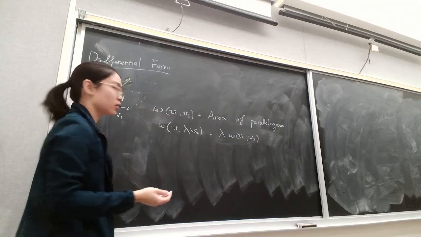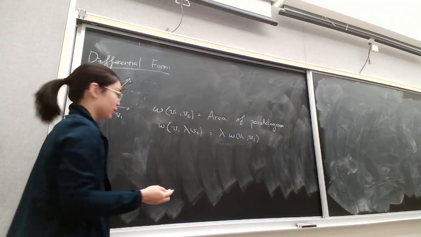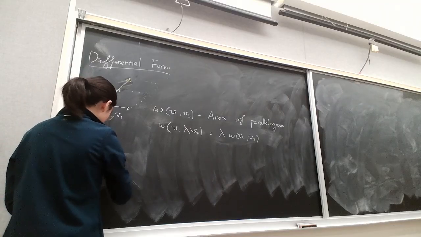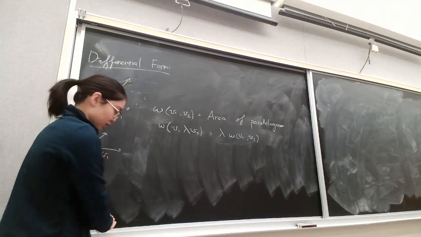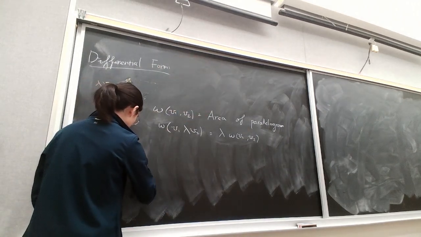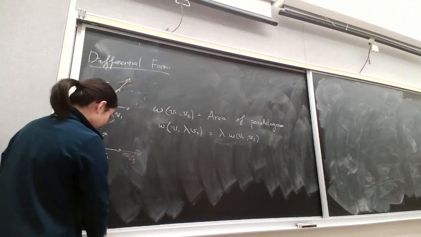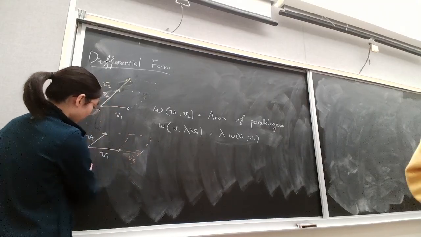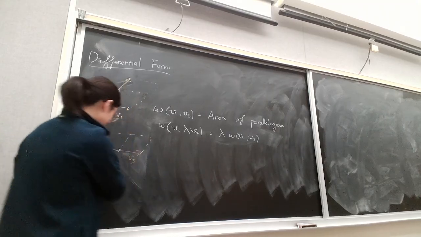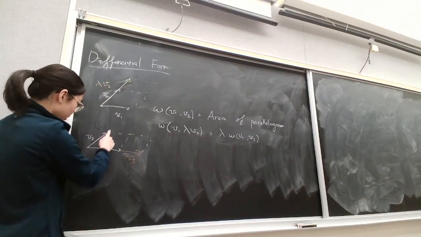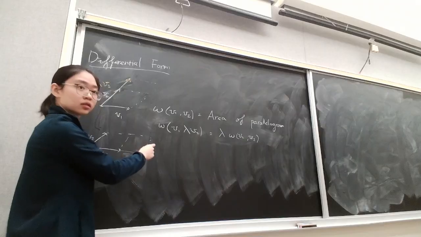And then let's say you have another vector v3. Say this is v1, this is v2, and let's say you have v3. The area of this larger parallelogram is the area of this plus the area of this, right?